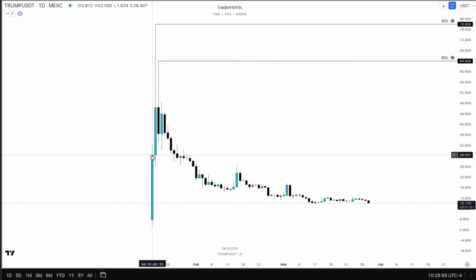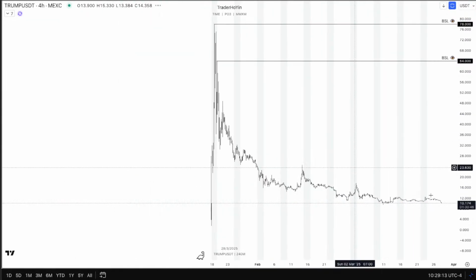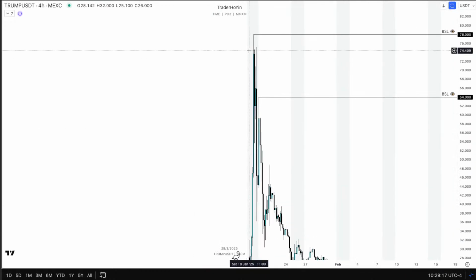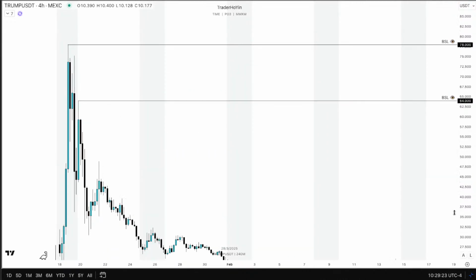I said no, don't do that, because there are millions of Trump coins out there. You don't know which one is official, right? And then I saw this coin. It was $20 when I first saw this. And then the next minute I saw this and I refreshed again, and it pumped to 50, and then all the way to 78.